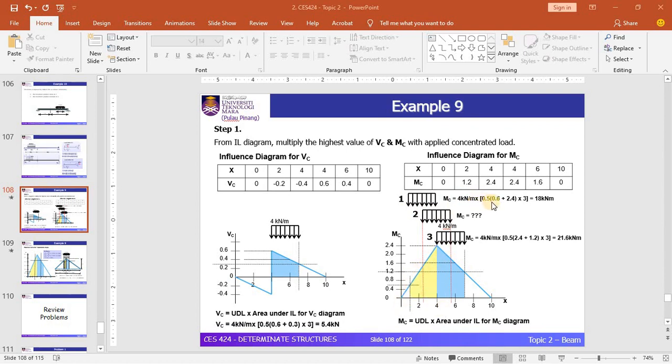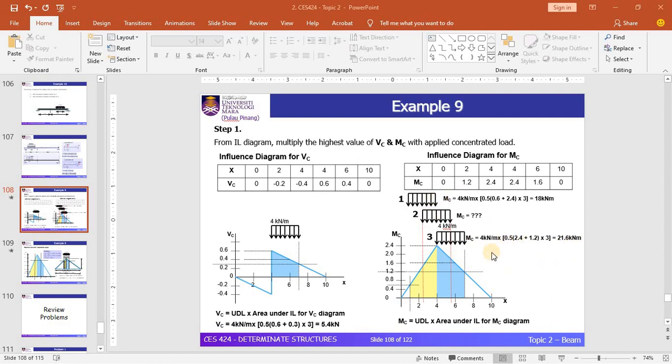This gives MC equal to 18 kN meter. And the third possibility is you multiply the UDL value with the area in blue color, this trapezoidal shape. By that, you can see that MC is equal to 21.6 kN meter.